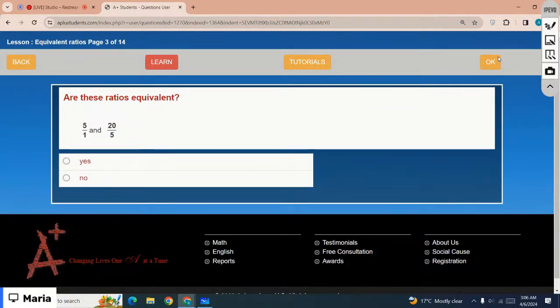Okay, the next one is, are these ratios equivalent? Which is the correct option, yes or no? The correct option is no, they are not equivalent. Just cross multiply.